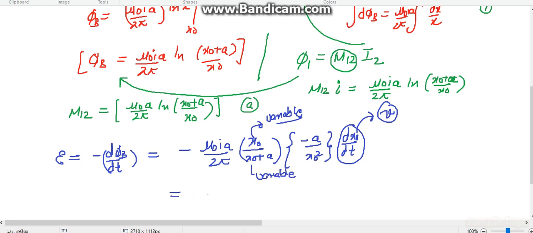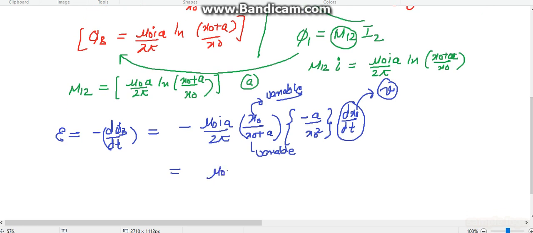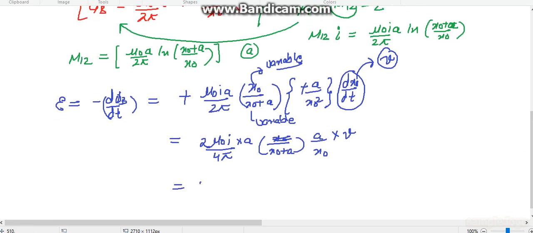Now put the values and we get the answer mu 0 I upon 4 pi multiplied by 2 into a, into x0 upon x0 plus a, the minus sign has got cancelled, into a upon x0 square, so we cancel it, and this is the velocity. Velocity is given as 10. Let us put the value 2 into 10 to the power minus 7.